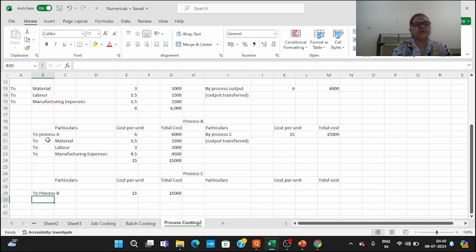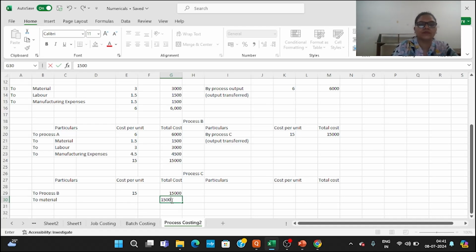Next is, we will copy the same kind of expenses which are being mentioned. Material, which is being mentioned as 1500. It is again 1.5 cost per unit.